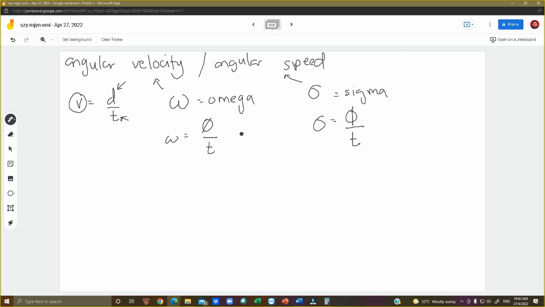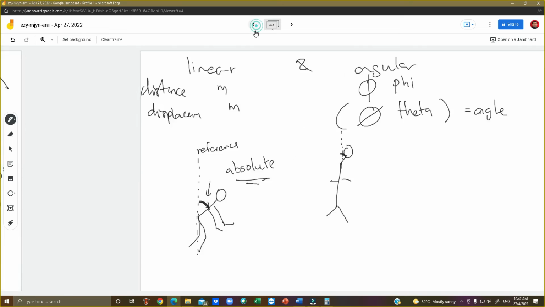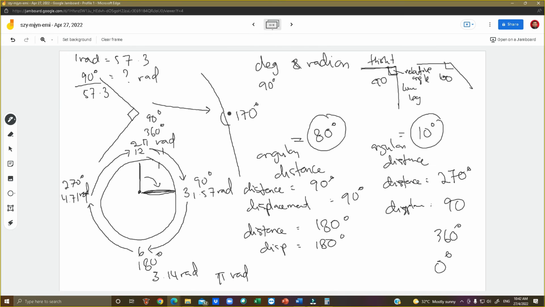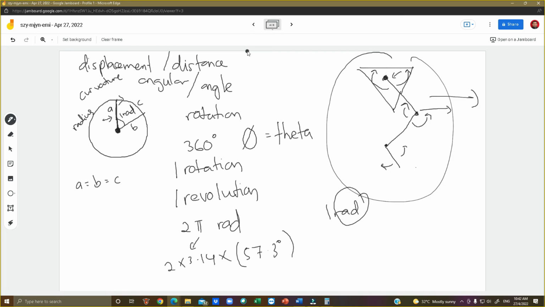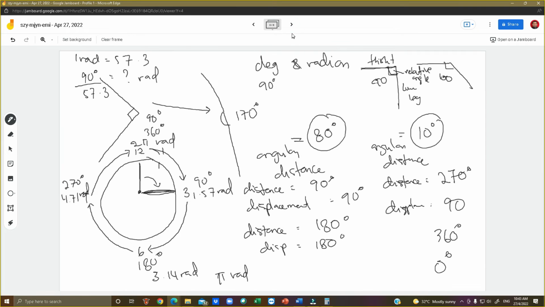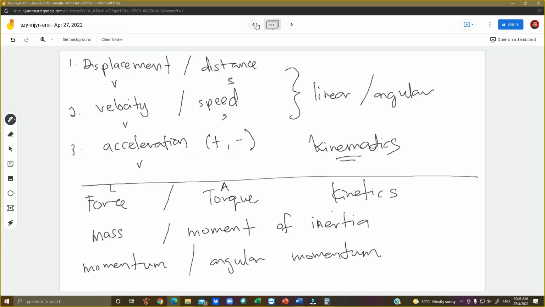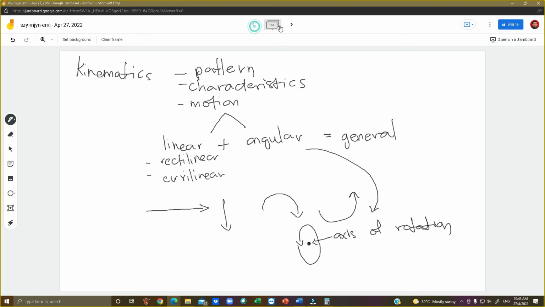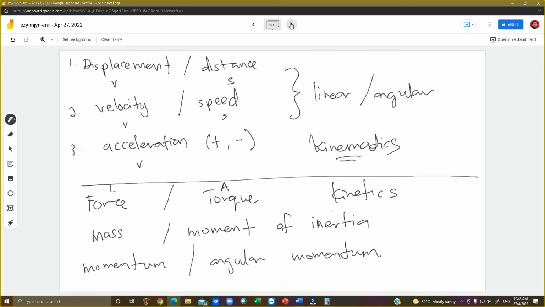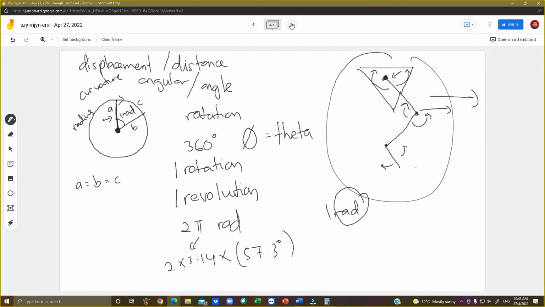Dapat tangkap? Kalau linear, V equals D over T. Distance over time, displacement. In angular cases, displacement is theta. Saya dah tulis tadi, pi. Sekejap kat depan tu. Mana yang kita tulis theta tadi ya? Ada saya dah tulis tadi. Pi. Ada kan?